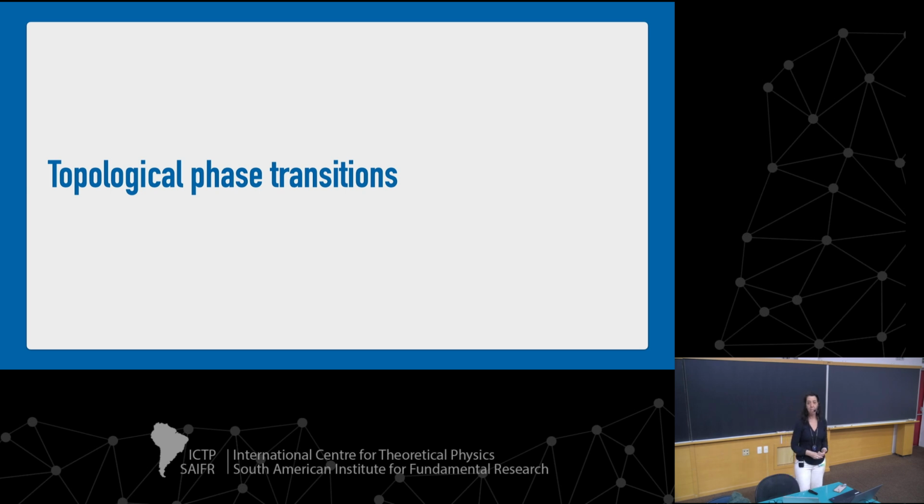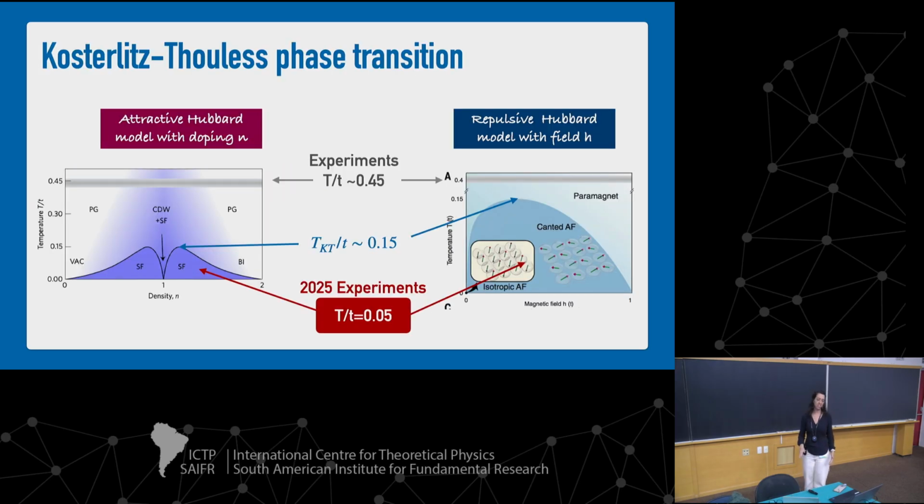Actually, about topological phases, Kosterlitz and Thouless, who won the Nobel and gave their name to the Kosterlitz-Thouless phase transition, is one type of topological phase, and we discussed this yesterday, and this can occur in the attractive Hubbard model with doping or the repulsive Hubbard model with a spin imbalance.